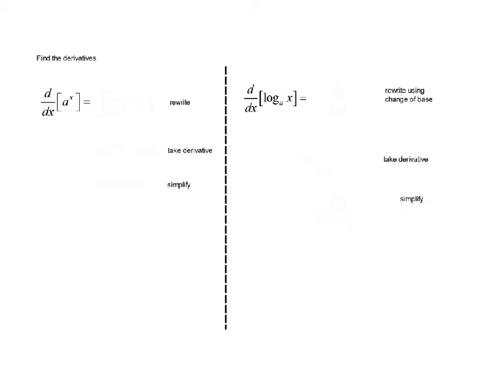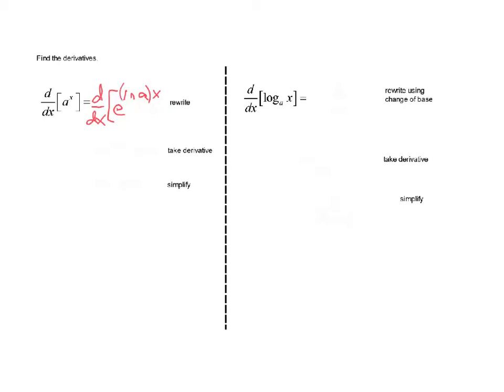So we're going to basically use change of base and change them into e's so that we can take the derivative. This first one, we're going to deal with the exponential first. If I have a to the x, we're going to write it so that it has a base of e: e to the, and then we're going to do this little math trick, ln a times x.